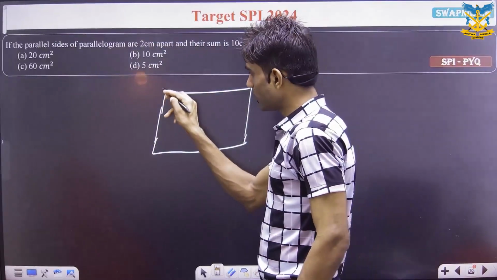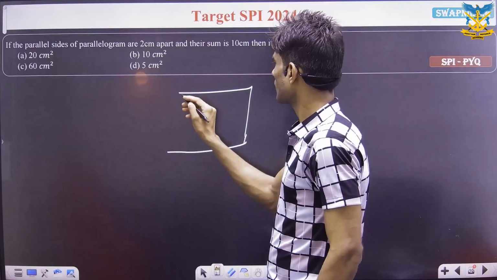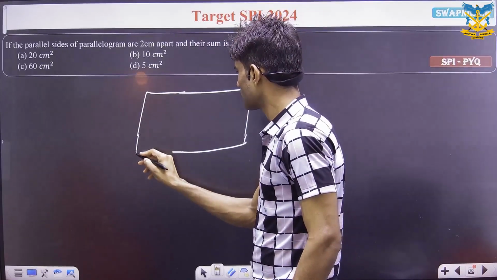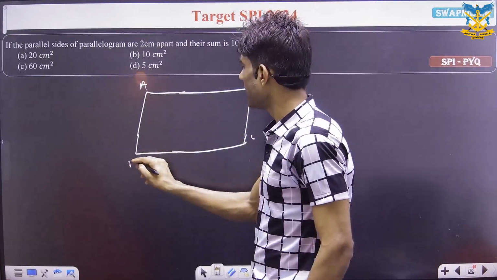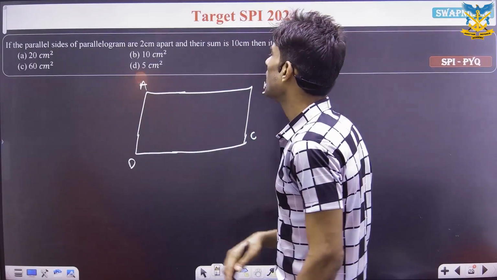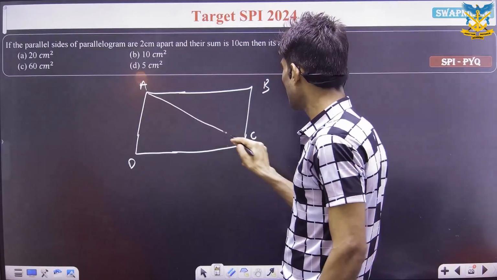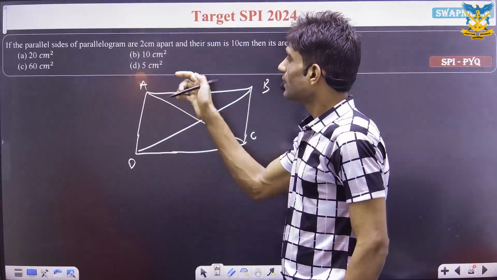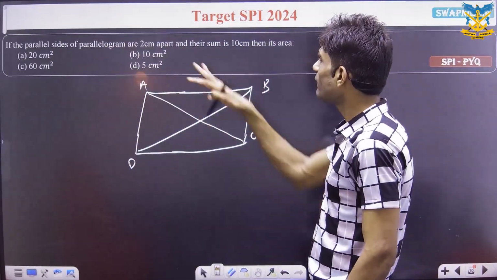Give them the names A, B, C and D. This one is our parallelogram, which has 2 diagonals, D1 and D2. Now we are given that the parallel sides of the parallelogram are 2 centimeters apart, their sum is given.